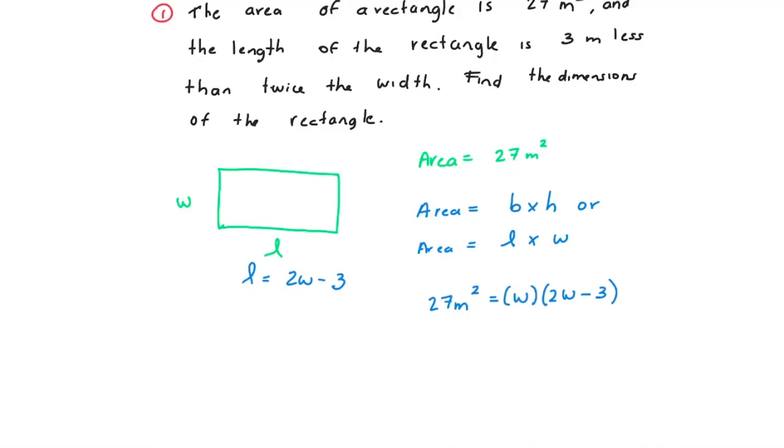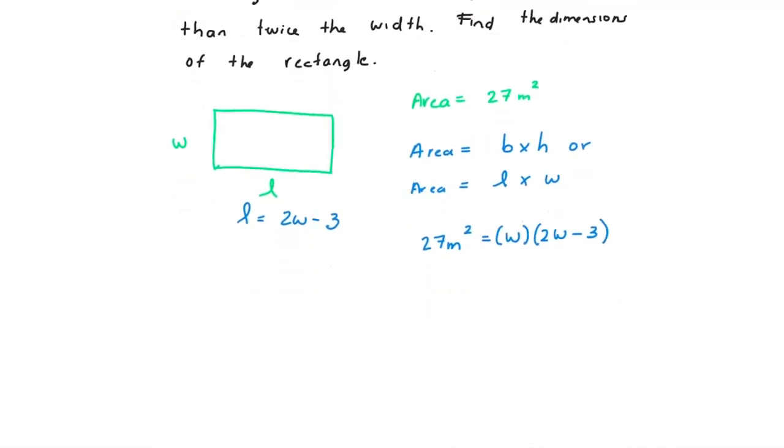We have that the area equals base times height, or area equals length times width. So this is the moment to use the distributive property. So we're going to have the following: 27 is going to be equal to W times 2W, 2W to the second power, and W times minus 3, minus 3W.